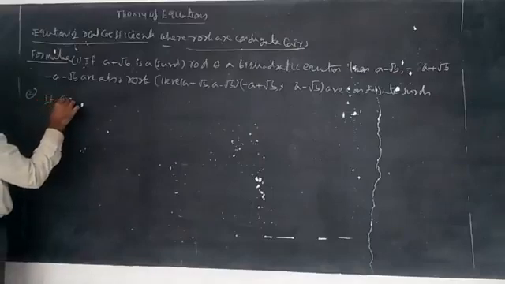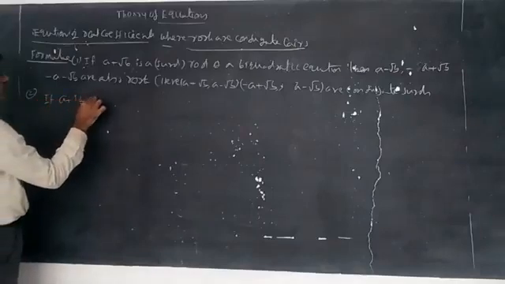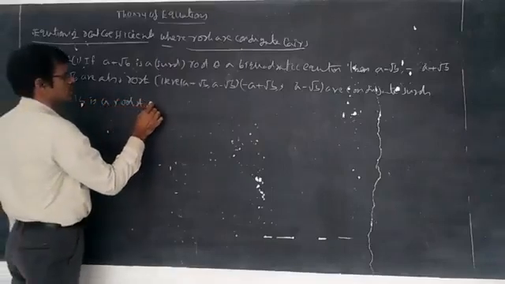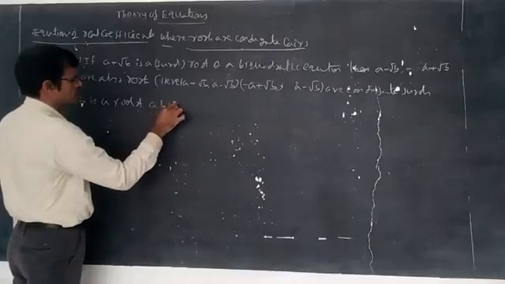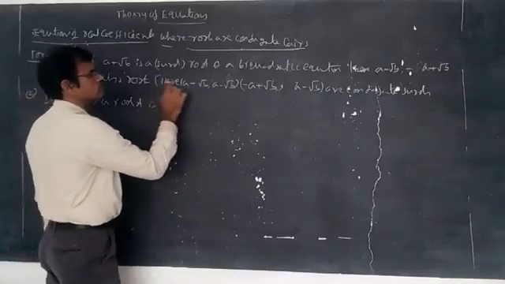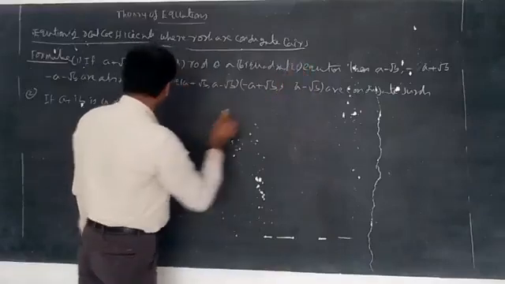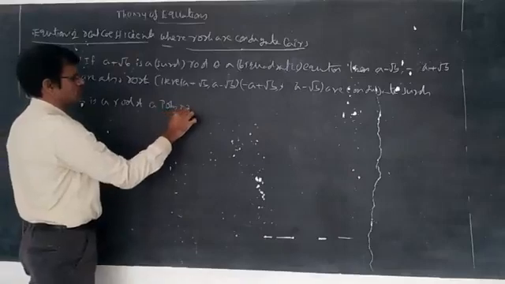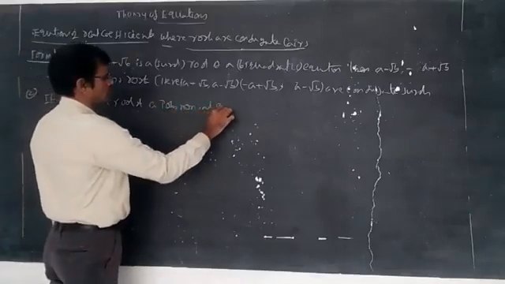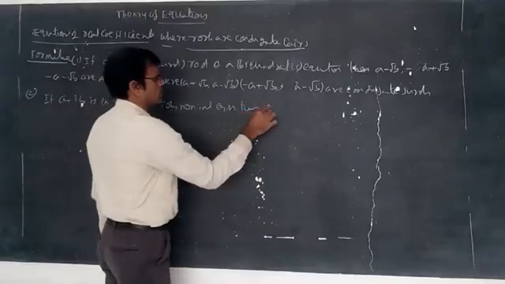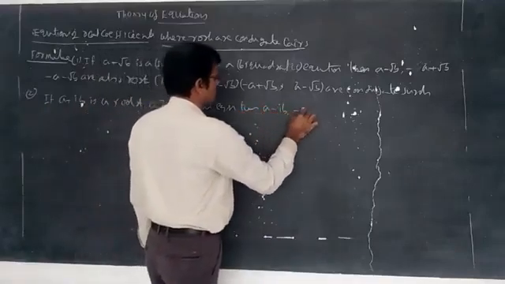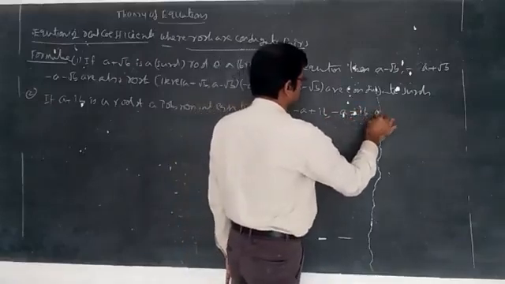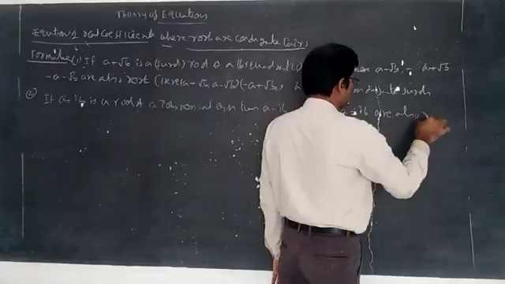If a plus ib is a root of a biquadratic equation, simply a root of a polynomial equation, then a minus ib, minus a plus ib, minus a minus ib are also roots.